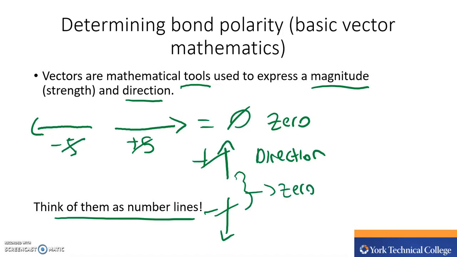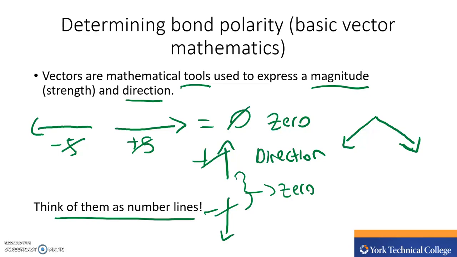However, what happens when we have a bond pointing at an angle to another bond? Let's say it's something like this. So two of the vectors are pointing in different directions.